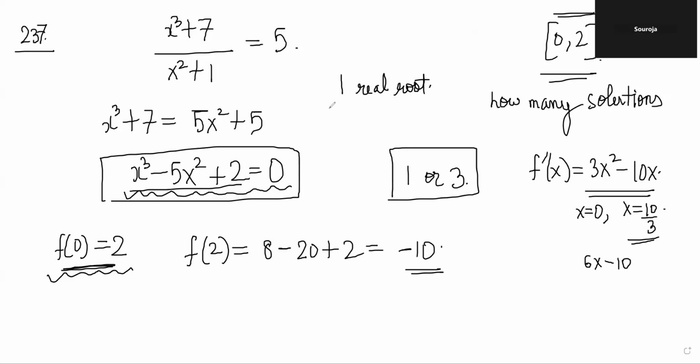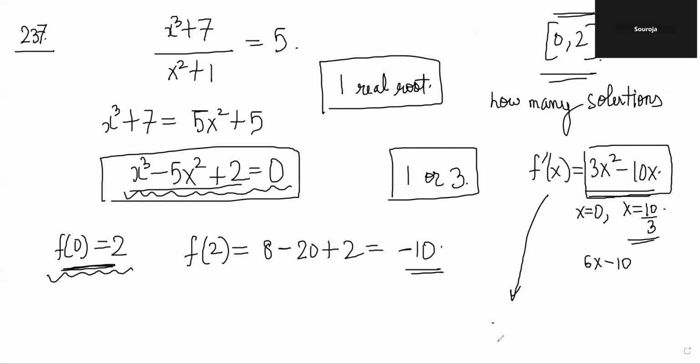How am I saying it so easily? Because when I take the derivative and I get this, between 0 to 2 the derivative is always negative.